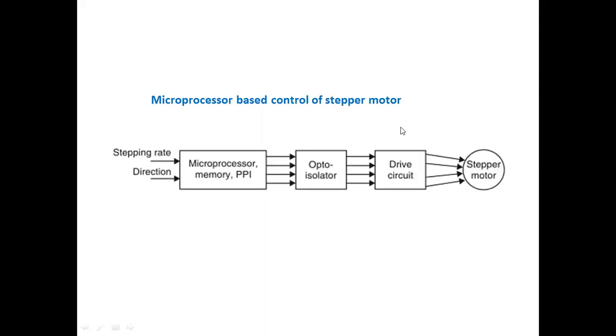Next one, if you observe a microprocessor based control of a stepper motor. This is also an important one. If you go for microprocessor based control, we are providing a controller, that is an 8051. 8085, 8051, these are the different types of microcontrollers we are placing.